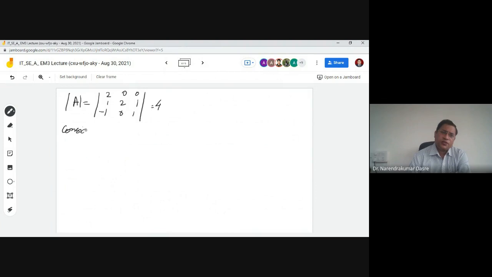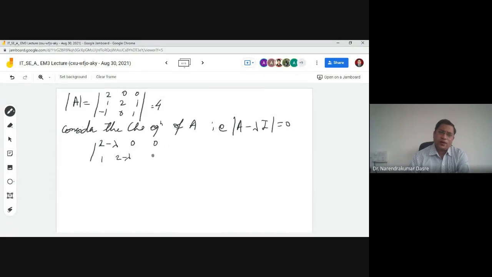Then consider the characteristic equation of A. That is, determinant of A minus lambda I is equal to 0. So, the matrix with rows 2 minus lambda, 0, 0; 1, 2 minus lambda, 1; minus 1, 0, 1 minus lambda, and this is equal to 0.